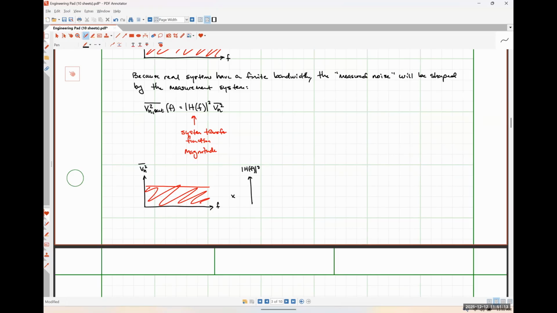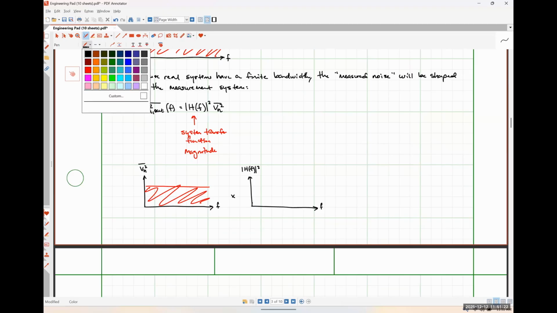Here's the square of our transfer function, which is just going to be a simple single pole low pass filter. So its transfer function might look something like this.